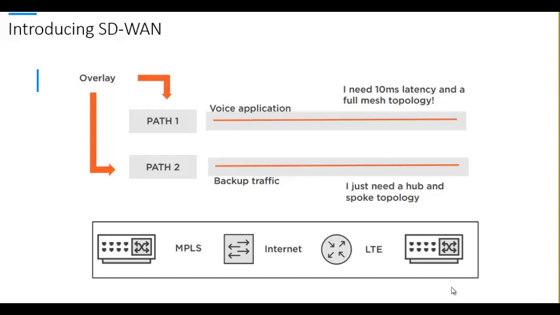So the voice requirement is fulfilled only when it is mapped to path 1. So we tie it to that. The rest of the traffic we tie to path 2. This we used to achieve using BGP or QoS, policy-based routing, and so on.